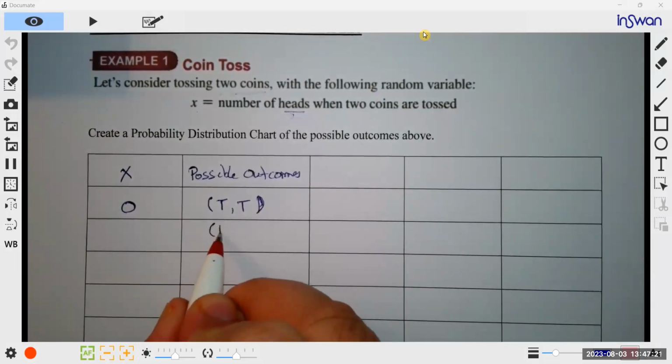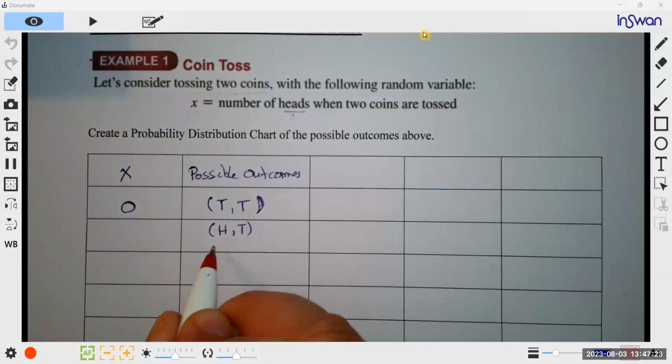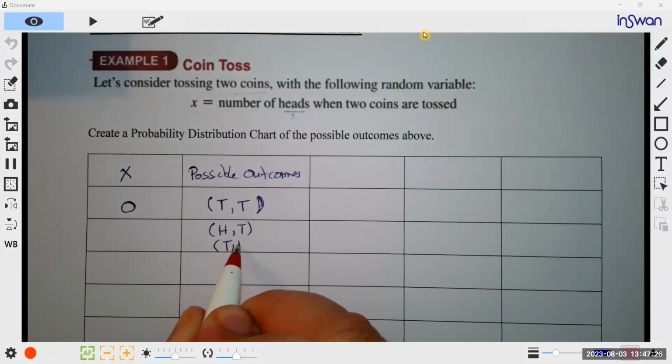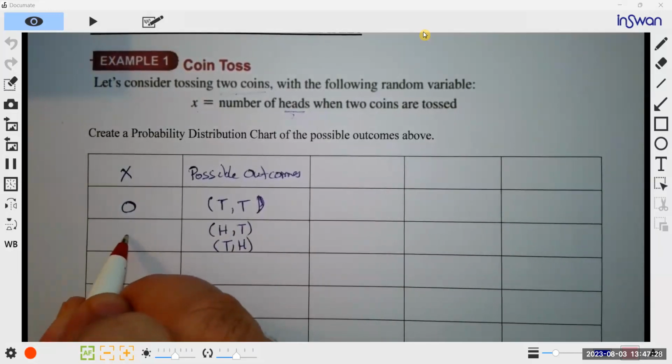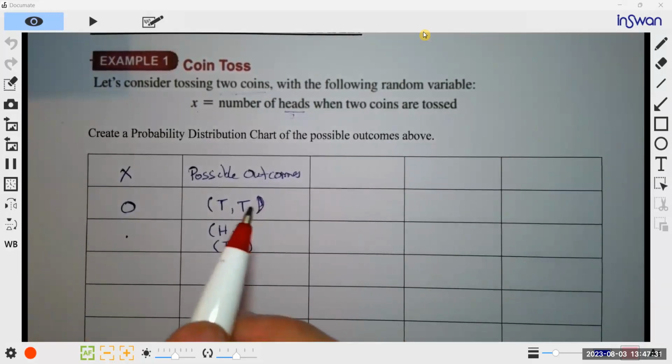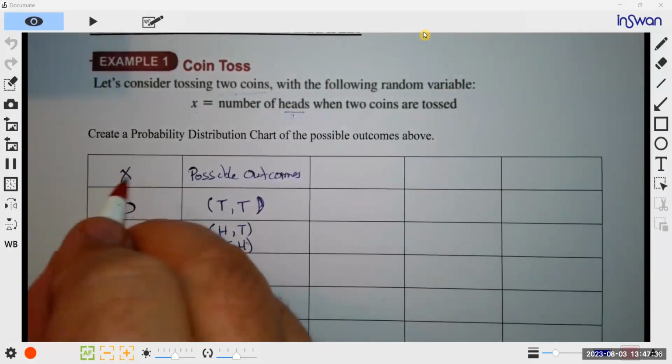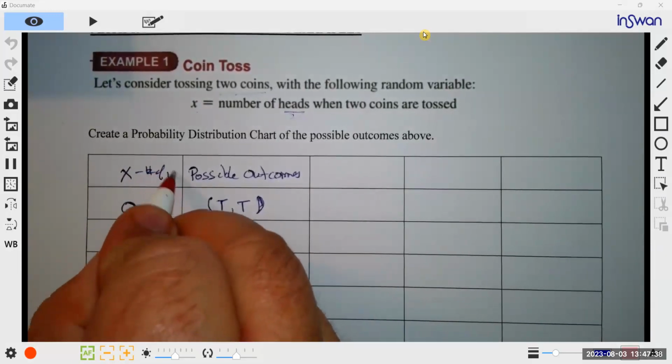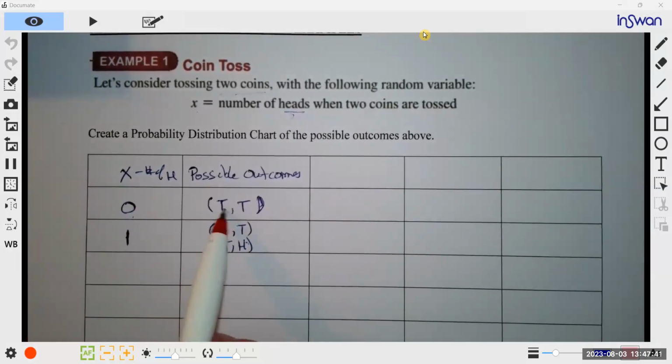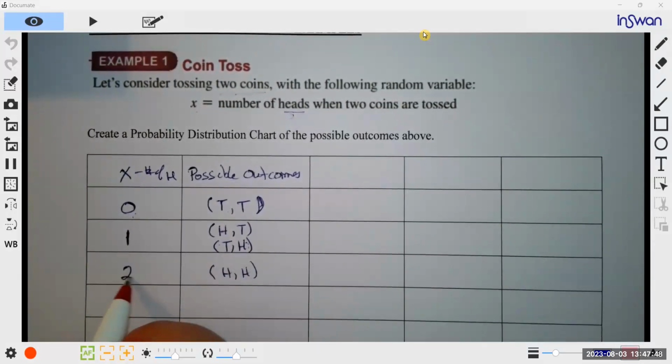You can have the first one heads, the second one's tail, or the first one's tail, the second one's heads. So you have the possibility of 1 head. So you have no heads, you have only 1 head, or you can have both flips give us heads. So those are the outcomes, the number of heads being tossed.